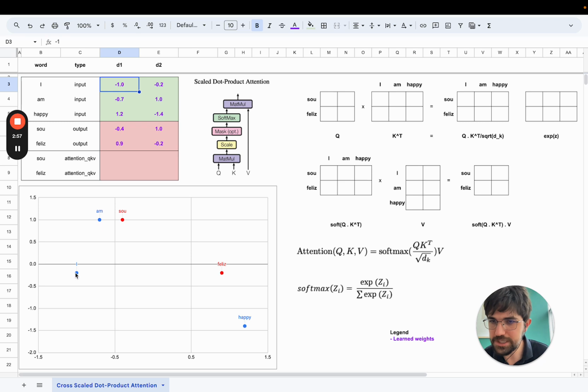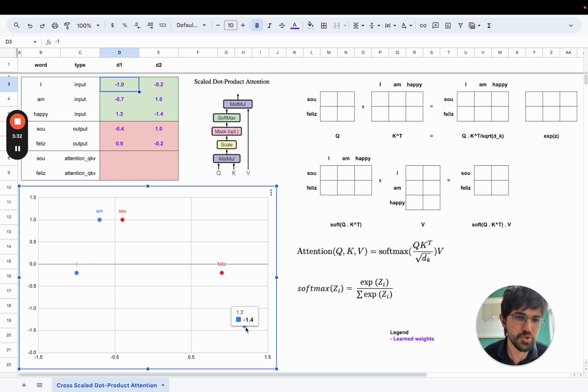For illustration, I'm plotting here in a 2D chart that the words I am are more similar to each other than to the word happy, because both are related to the first person. The translation I'm also placing in a similar position, and happy I'm placing in a closer position to feliz.